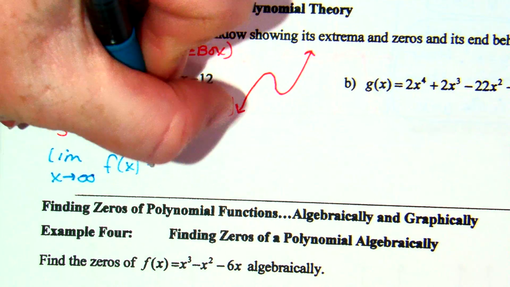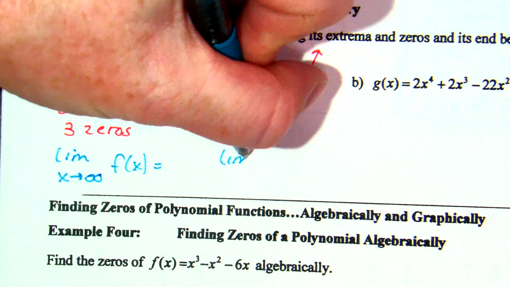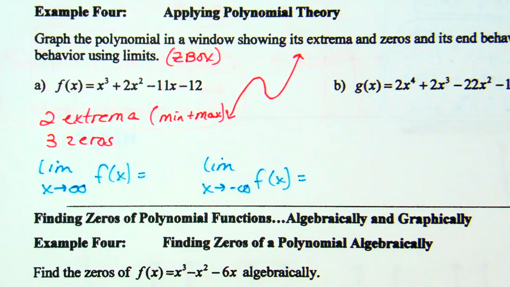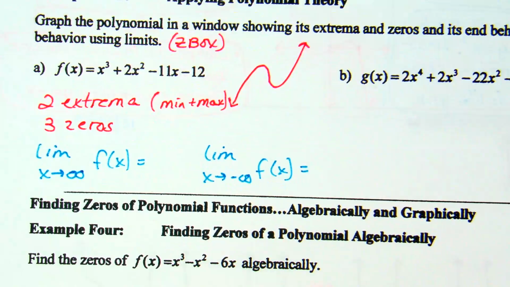That's one thing we're going to be asking. And then the other thing I'm going to be asking is the limit as x approaches negative infinity of f of x. When you have to talk about end behavior using limits, these are the two questions you ask yourself every time. Because end behavior is as we go infinitely left and infinitely right. Okay, I'll give you a moment to write down notation. Then we're going to talk about this.